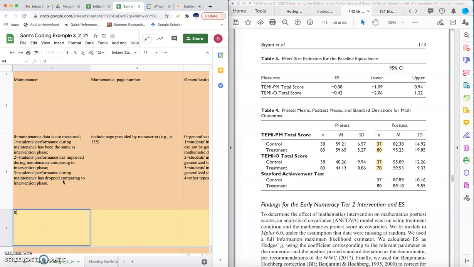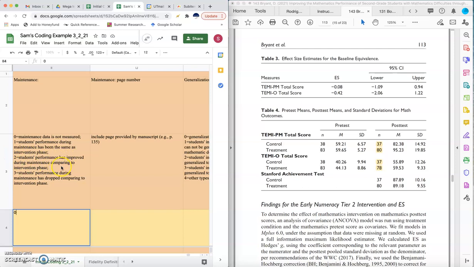Now let's say there was delayed post-test data. There are a couple options you can enter here. If the delayed post-test scores are the same, and there's no statistical difference between the post-test and the delayed post-test, then you can say that the effects have been maintained throughout.